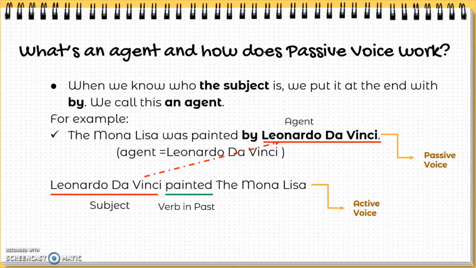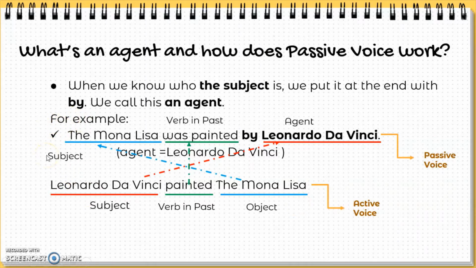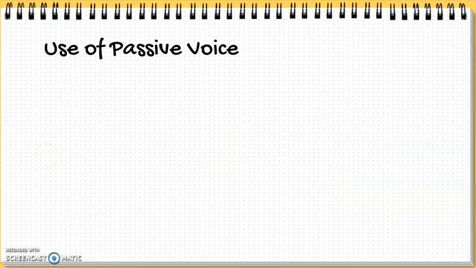Painted is a verb in past in the active voice. In the passive voice, now it is also the verb, but in past. We have to respect the tense, past and past. And the Mona Lisa here in the active voice is an object which goes as a subject now in the passive voice. Okay?